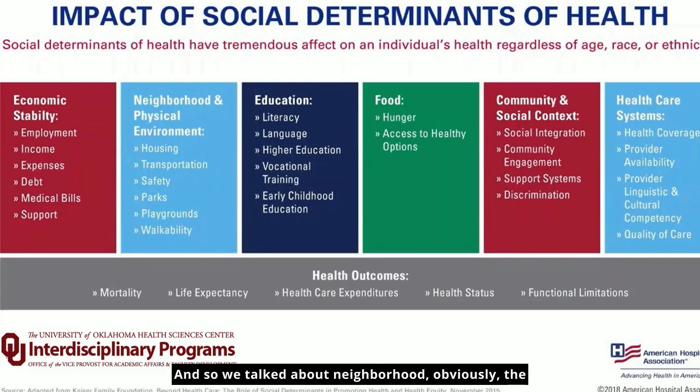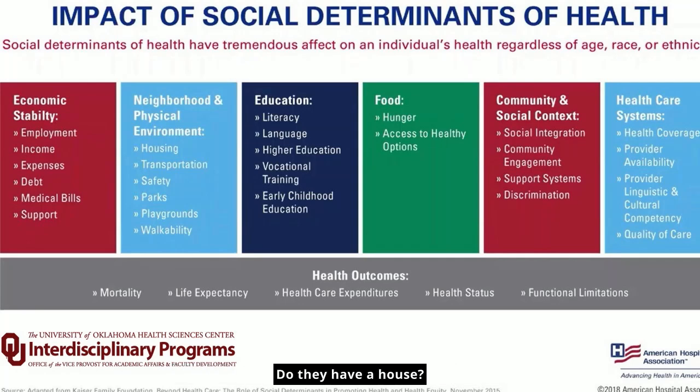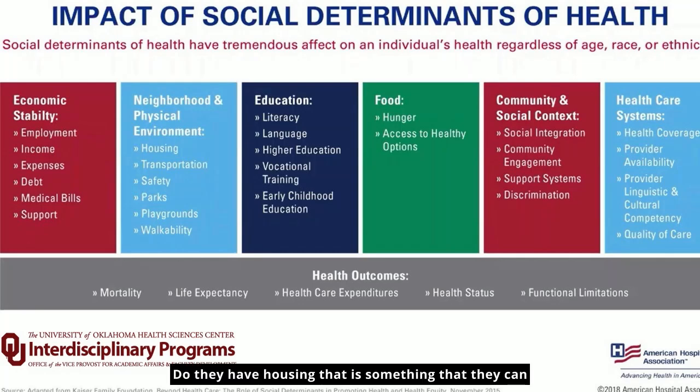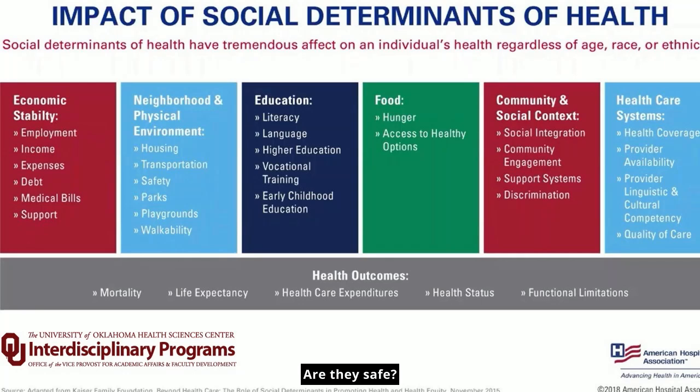And so we talked about neighborhood, obviously the kind of house that they live in. Do they have a house? Do they have housing that is something that they can rely on, or they are at risk in their housing? Again, we can't make assumptions when we're sending patients home, because this is our case as a patient who's discharging, that they even have running water, that they have the things that they would need to take care of themselves. Are they safe?